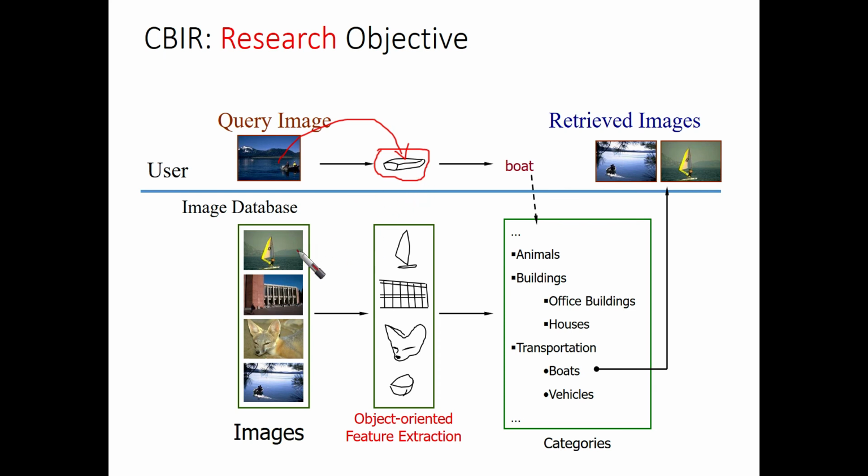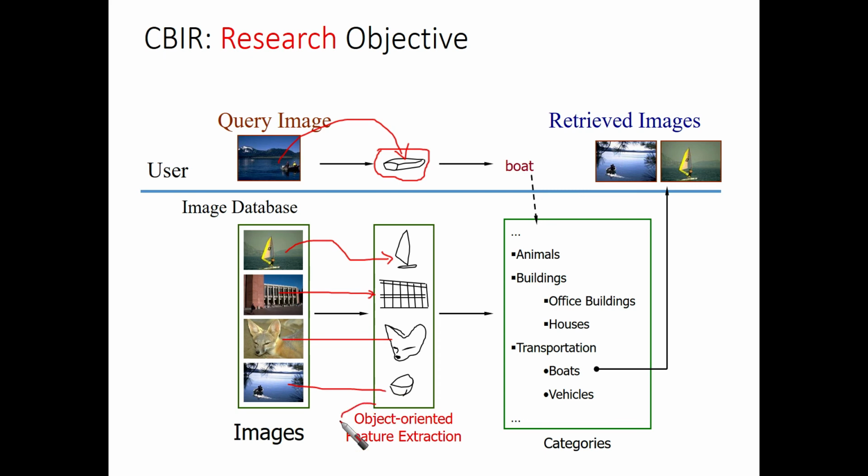So similarly, based on this image, we find this kind of object feature, and this represents this one. This is a building, so maybe this kind of feature is more appropriate. This is the dog feature. This is the sailing feature, and this is the boat feature, right?